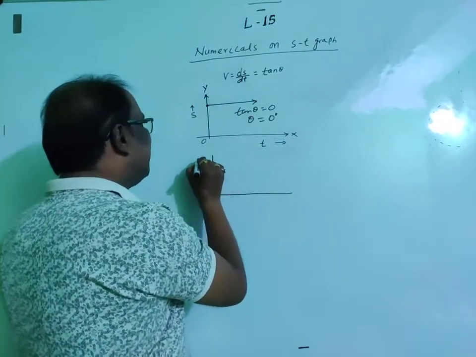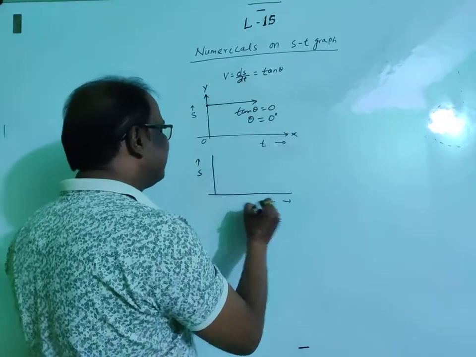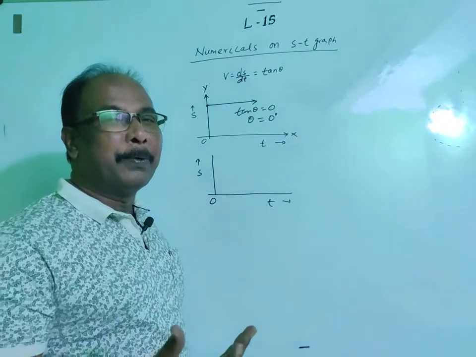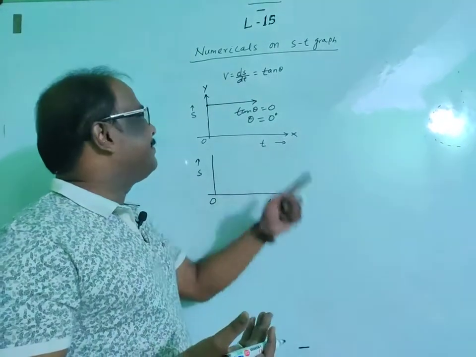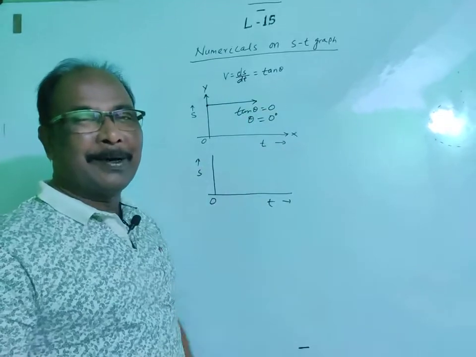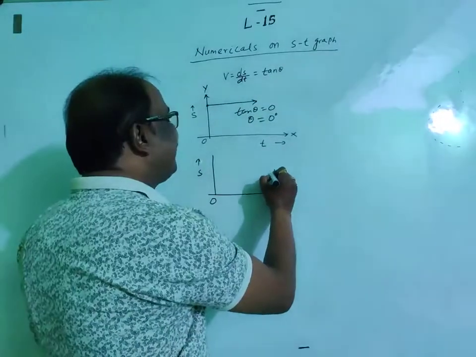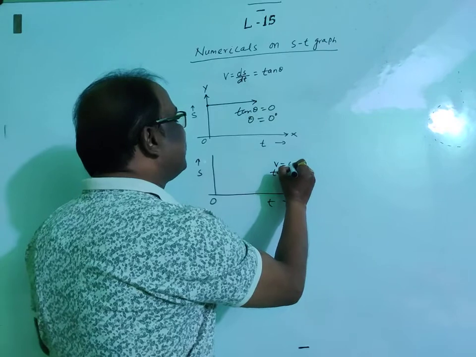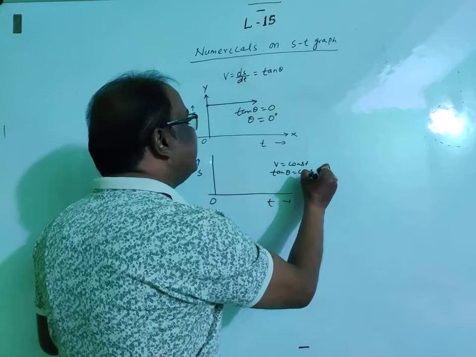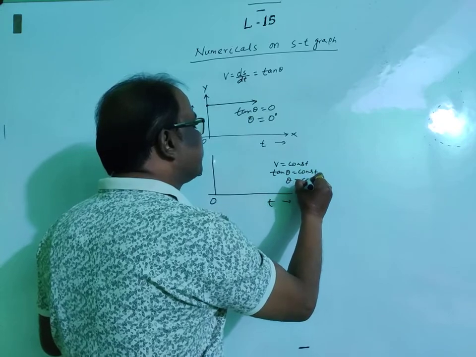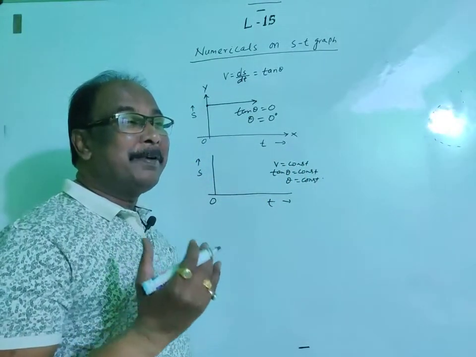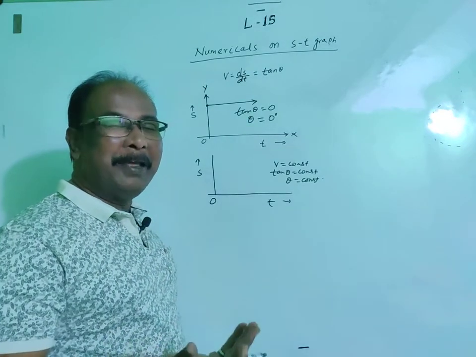Again, a displacement time graph for a body moving with uniform velocity. If velocity is uniform or constant, then tan theta is constant, and so theta is constant. Theta is the angle made by the graph with the time axis.